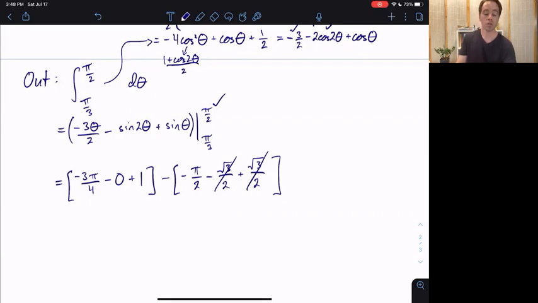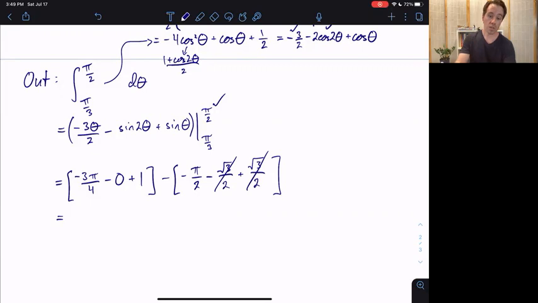Square roots are bad. So we end up having -3 pi over 4 plus pi over 2, because these combine. So a half minus 3/4, that's -1/4, right? Like pi over 2 minus 3/4 pi is going to be the same as -1/4 pi.